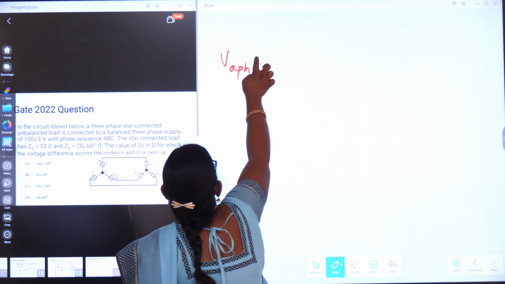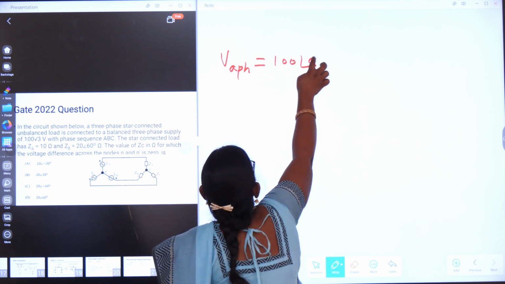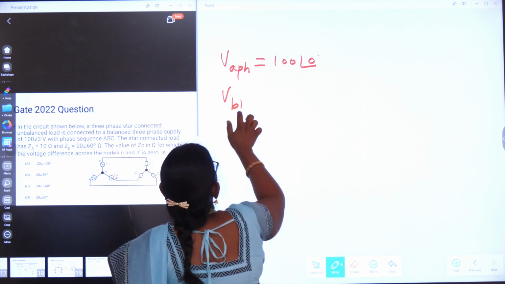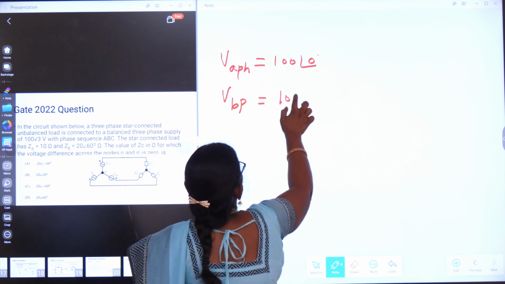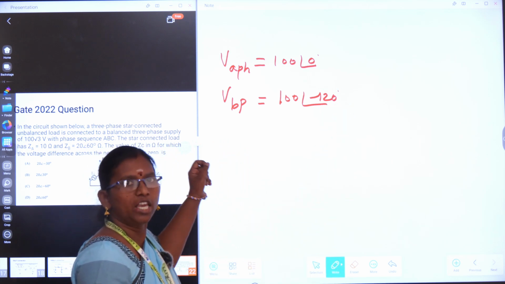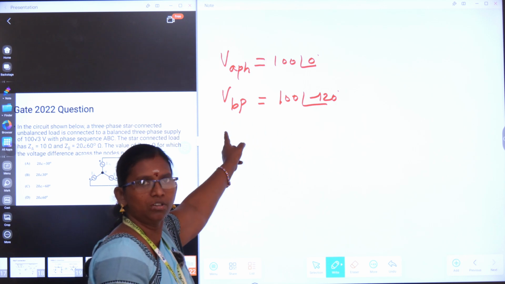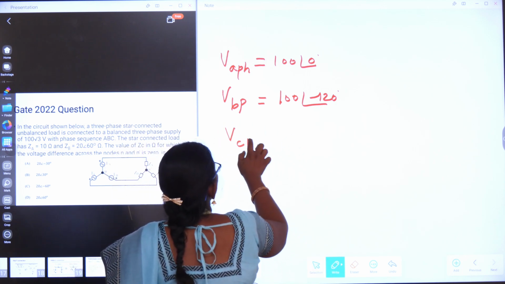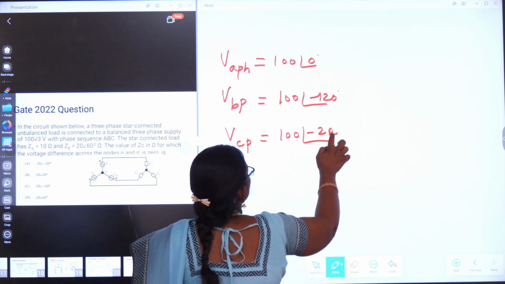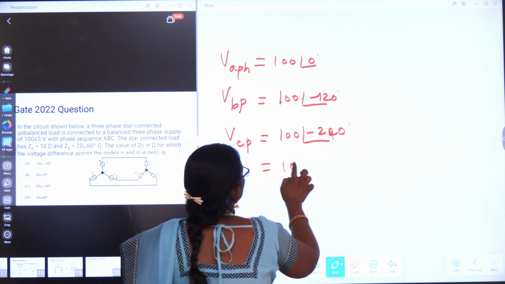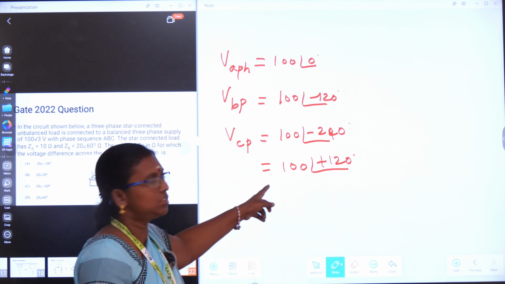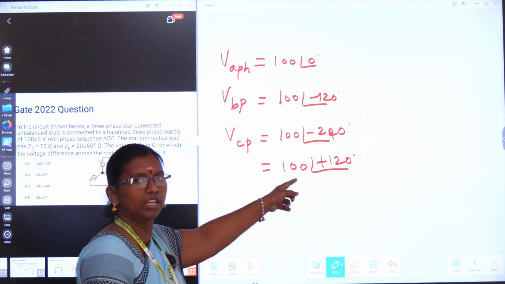VA phase is 100 angle 0. Always we need to take the A phase as the reference, so it is angle 0. VB phase is equal to 100 angle minus 120 degree. The phase sequence given is A, B, C, and that is why it is minus 120 for B. We can call VC phase 100 angle plus 120.